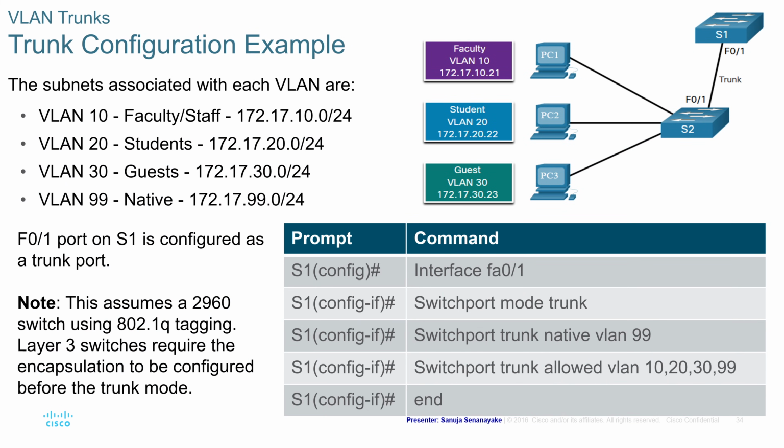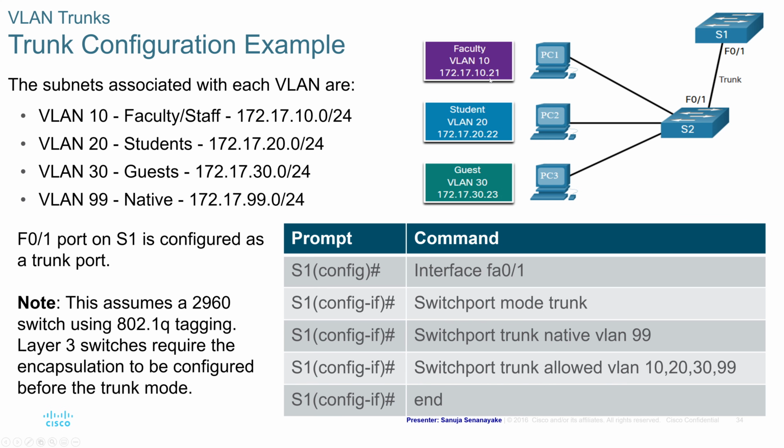Trunk configuration examples. Here Cisco is giving us a very good graphical representation of a network. We have faculty on VLAN 10, students on VLAN 20, and guests on VLAN 30, and they have separate IP addresses and subnet masks, separate subnets associated with them.